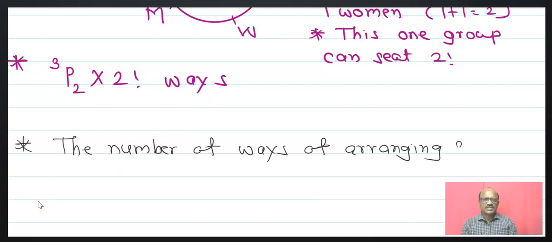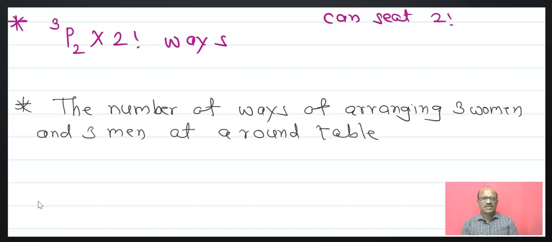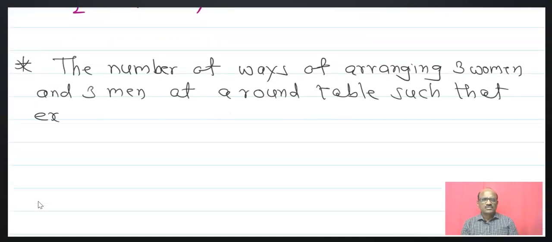Now next is the number of ways of arranging 3 men and 3 women around a table such that exactly 2 ladies, that is 2 women, sit together.